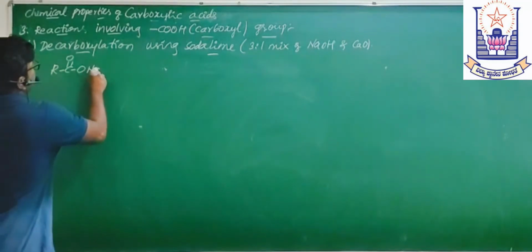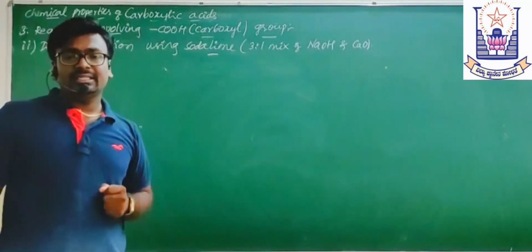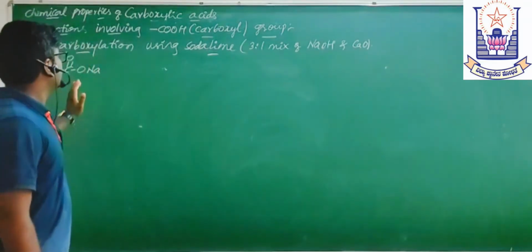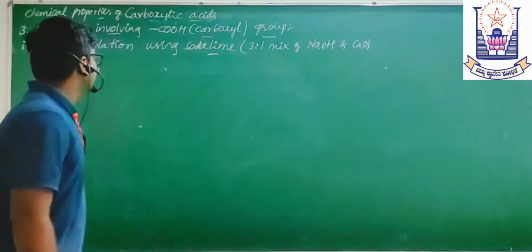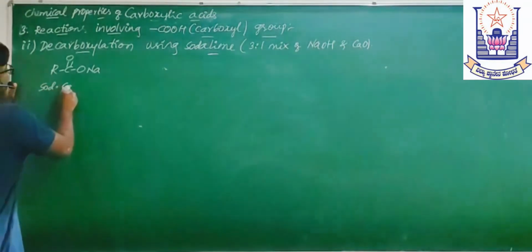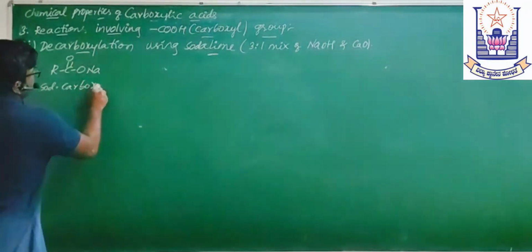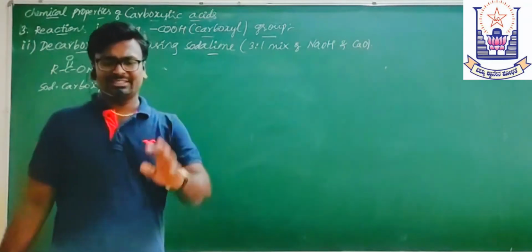RCOONa. Here the different thing is that we are going to take the salt of carboxylic acid, not the carboxylic acid. Here we are going to take the sodium carboxylate. How to get this sodium carboxylate? It's very simple.